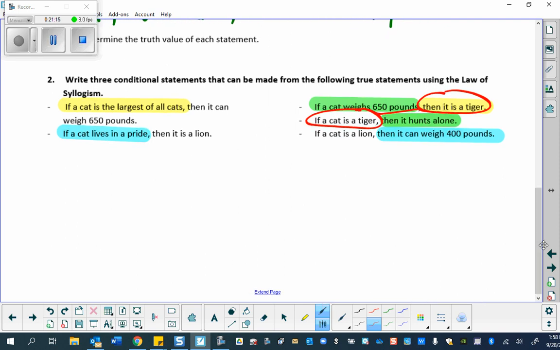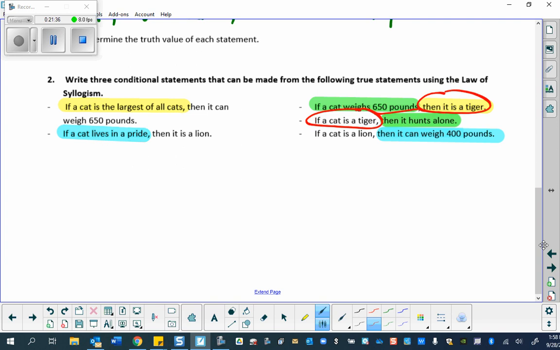The law of syllogism allows us to combine some statements together. What I want you and your partner to do is take a look at these statements and find 3 that are true using the law of syllogism.